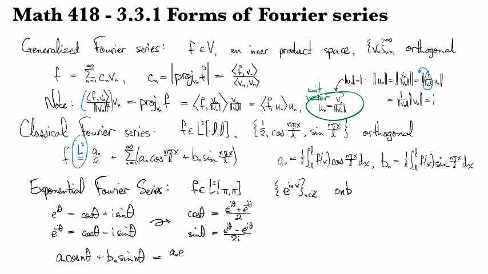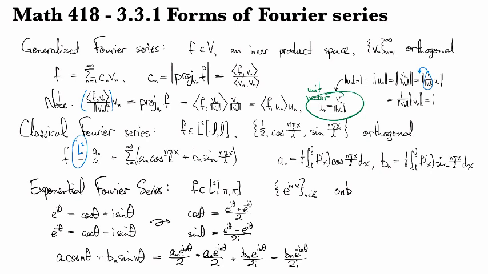So we have a_n e to the i n theta plus a_n e to the minus i n theta, and each of these is over 2. And we have b_n e to the i n theta over 2i minus b_n e to the minus i n theta over 2i.